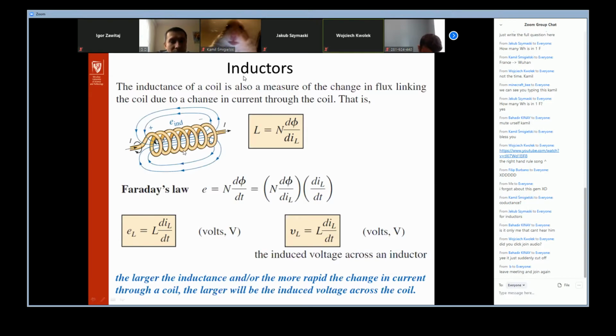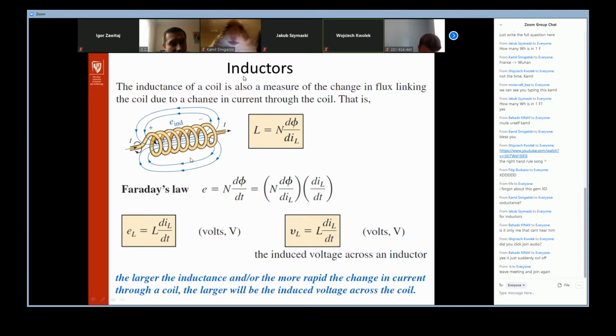That's why we can observe that the induced voltage will have positive potential here and negative here, according to the current direction, when it is going up, for example.